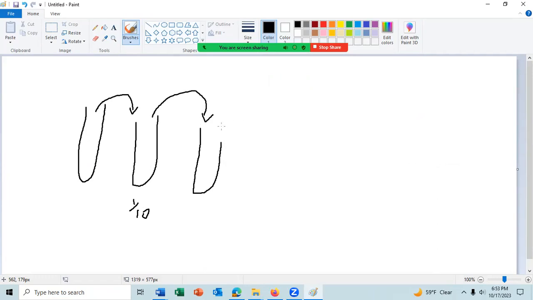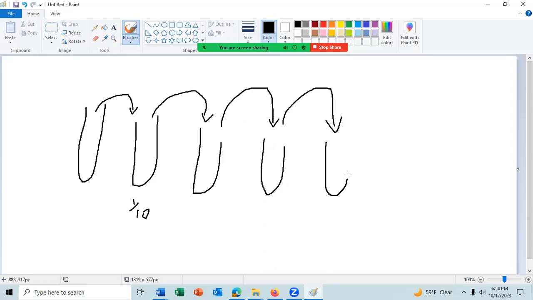Take a dilution of that, 1 to 1,000. Take a dilution of that, 1 to 10,000. You're getting the picture. It would make many different dilutions. I'm going to stop here, but we can continue going.